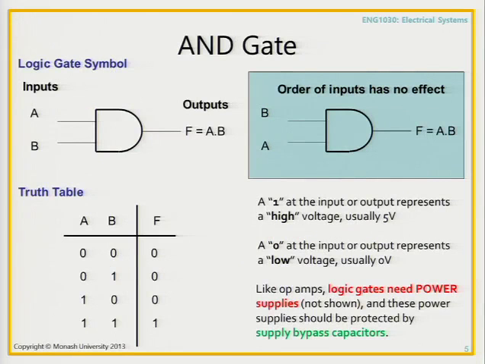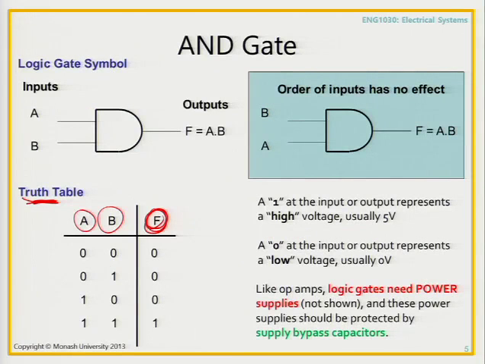The behavior of this gate can be summarized by a truth table, and truth tables exist for all of the gates that we look at. A truth table tells us what the output, in this case F, should be if we provide it with a specific combination of inputs, A and B here.